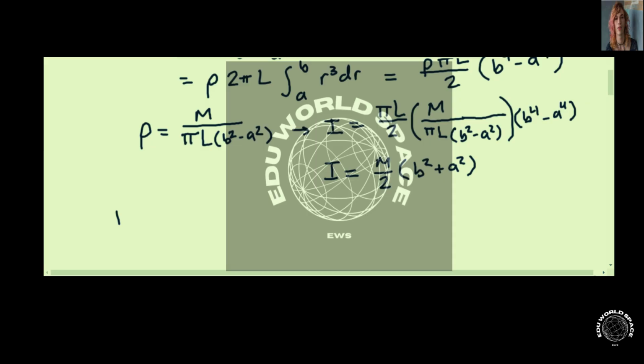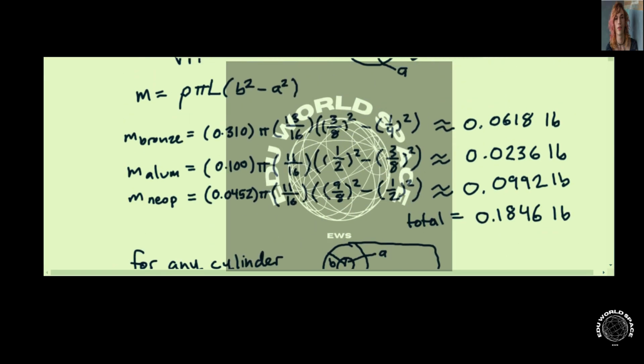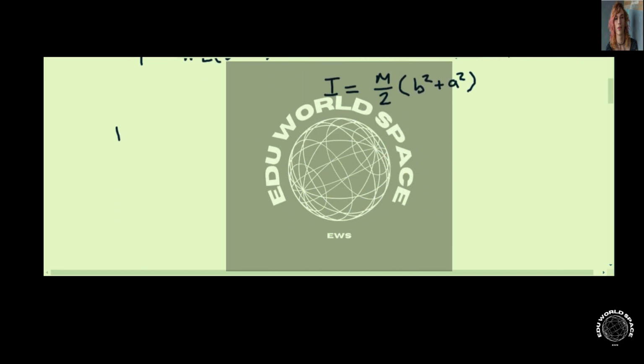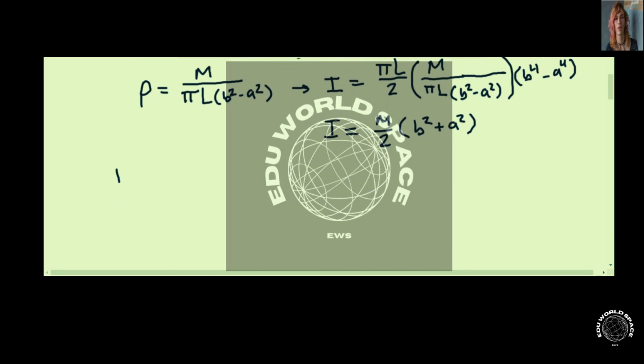So we can apply this formula to our bronze, our neoprene, and our aluminum piece individually to get each moment of inertia. Then the moment of inertia of the whole thing will be the sum of all three. First, the bronze piece: the mass of the bronze piece divided by 2, times the outer radius, 3/8 of an inch, squared, plus the inner radius, 1/4 of an inch, squared.